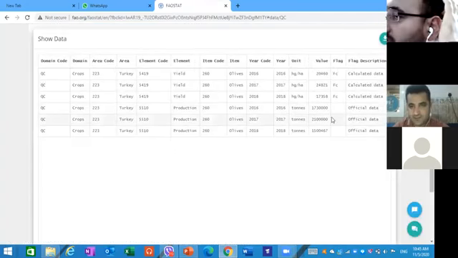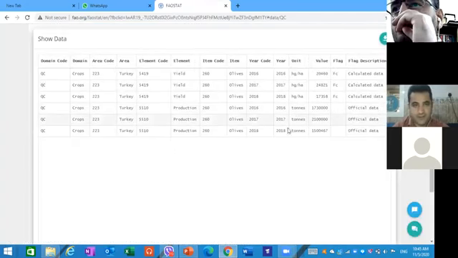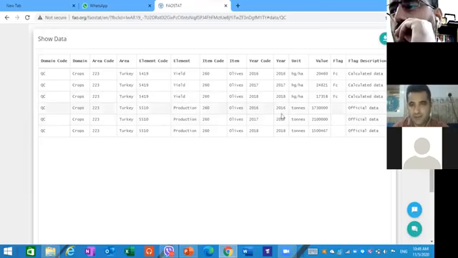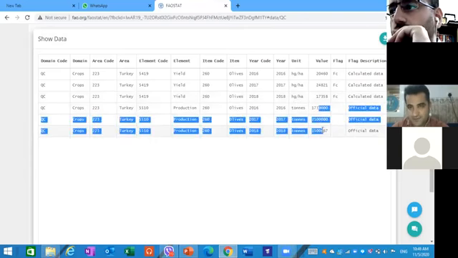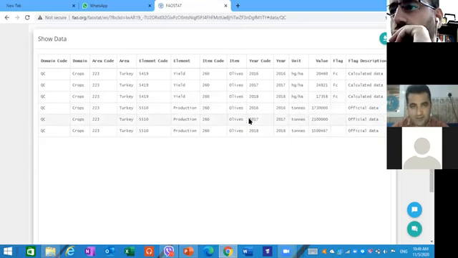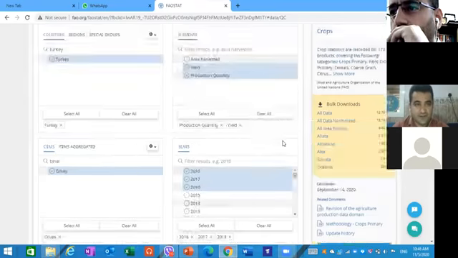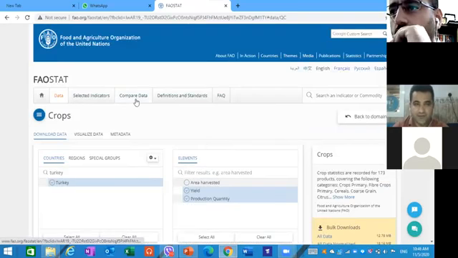We can find data about olive production in Turkey and about yield in tons and in hectograms per hectare. For example, in these 3 years, in 2016 production is more, but after 2 years production has decreased. Just for information. Also in this data, we can compare between 2 countries or 3 countries.